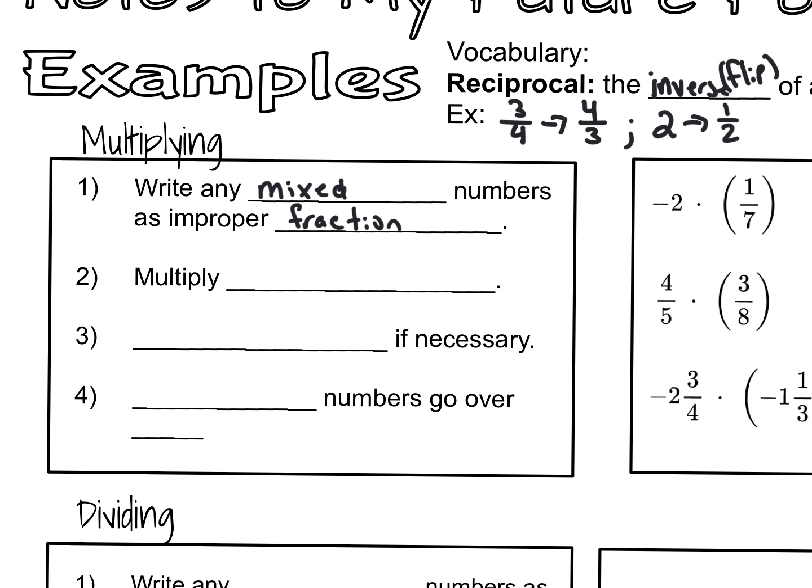And then the great thing about multiplying is we just multiply straight across. So numerator times numerator, denominator times denominator. And then as always, because we're talking about fractions, we want to simplify if necessary. And as a side note, we want to remember that any whole numbers will always go over 1.